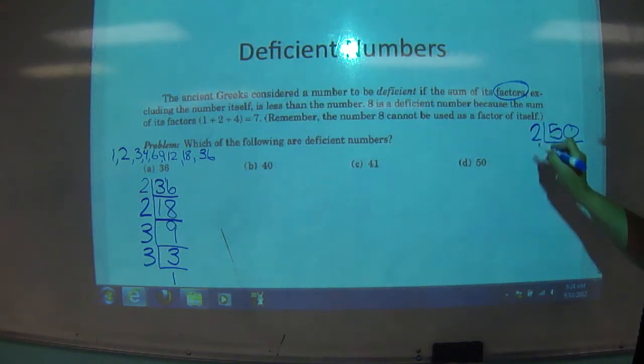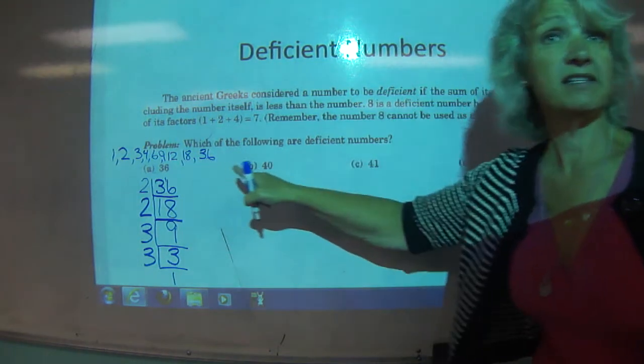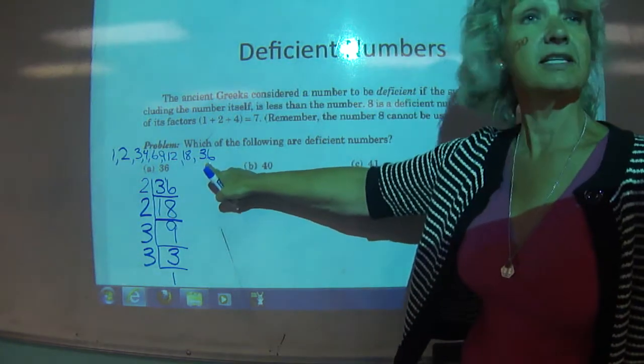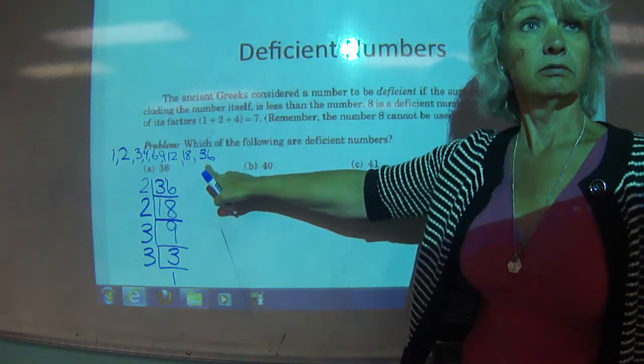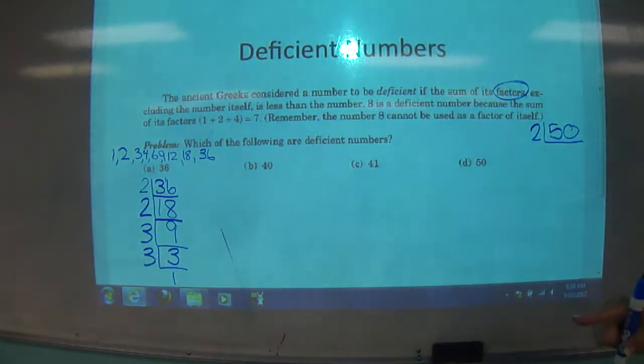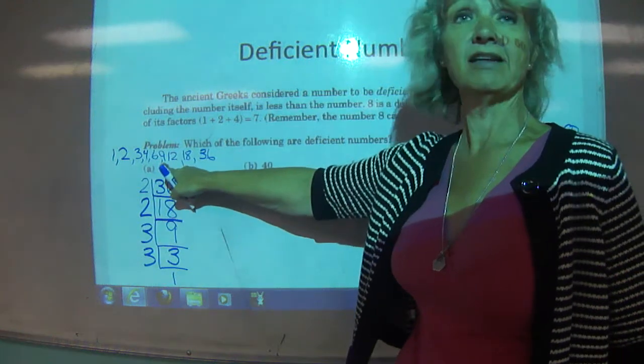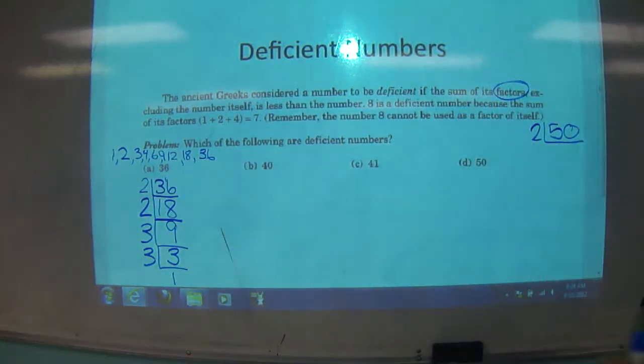How many 2's are in 50? Oh, is 36 deficient? If you add these numbers together, not including 36, is it less than 36? 18 plus 12 is 30, plus 9 is 39. Already, we're not deficient. So that's not a deficient number.